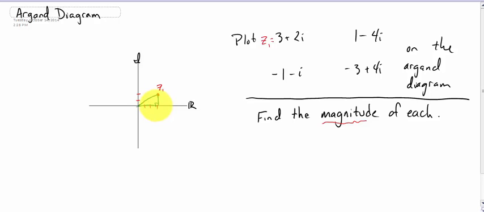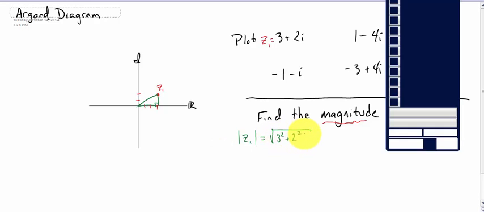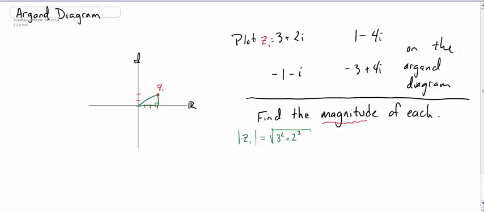So the magnitude of z1, we use the modulus, the absolute value, just like with real numbers. It's going to be the square root of 3 squared plus 2 squared. It's the Pythagorean theorem. So this would be the square root of 9 plus 4, which is 13. That doesn't simplify. The exact magnitude is the square root of 13.